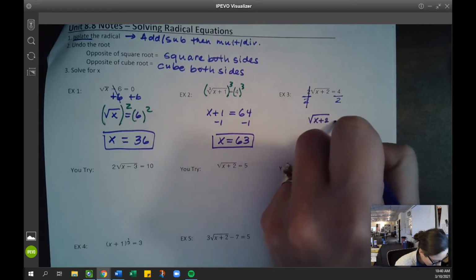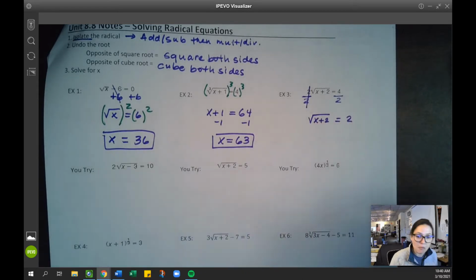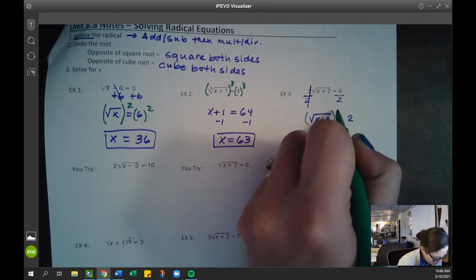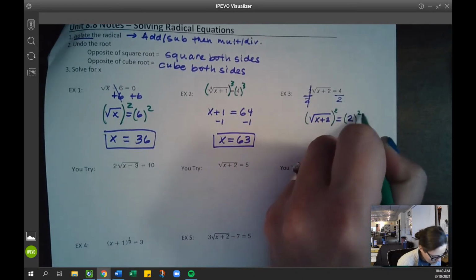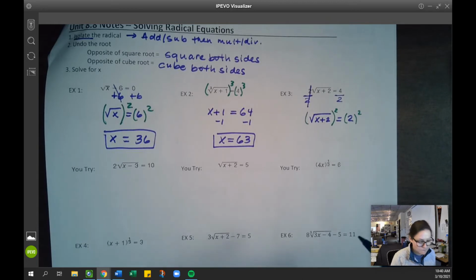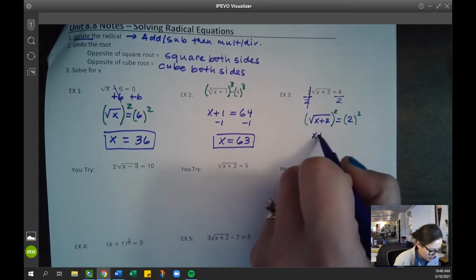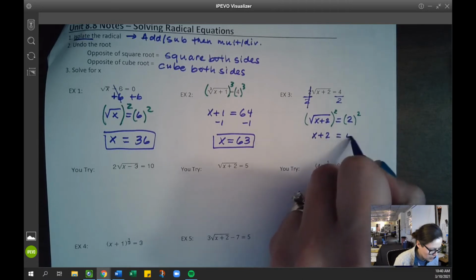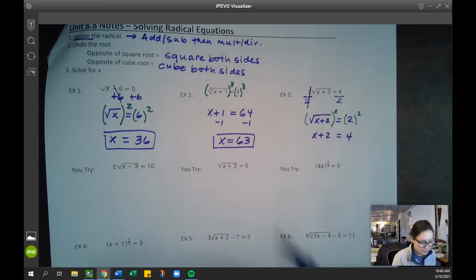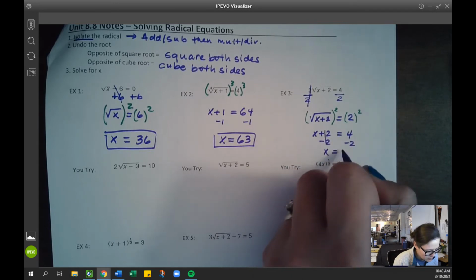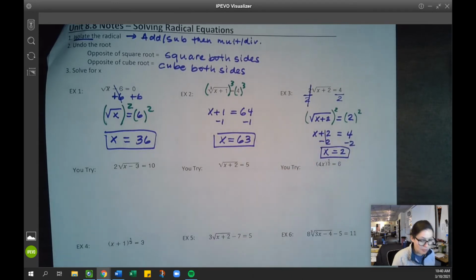I'm left with the square root of x plus 2 equals 2. Now I can undo the square root. The square root of something squared is just that thing. 2 squared is 4. Finish solving for x. We get x equals 2.